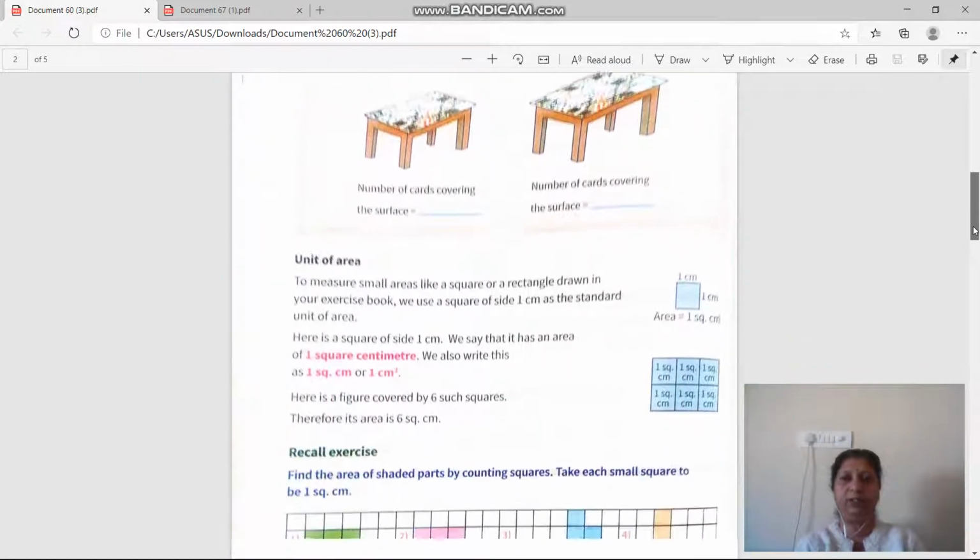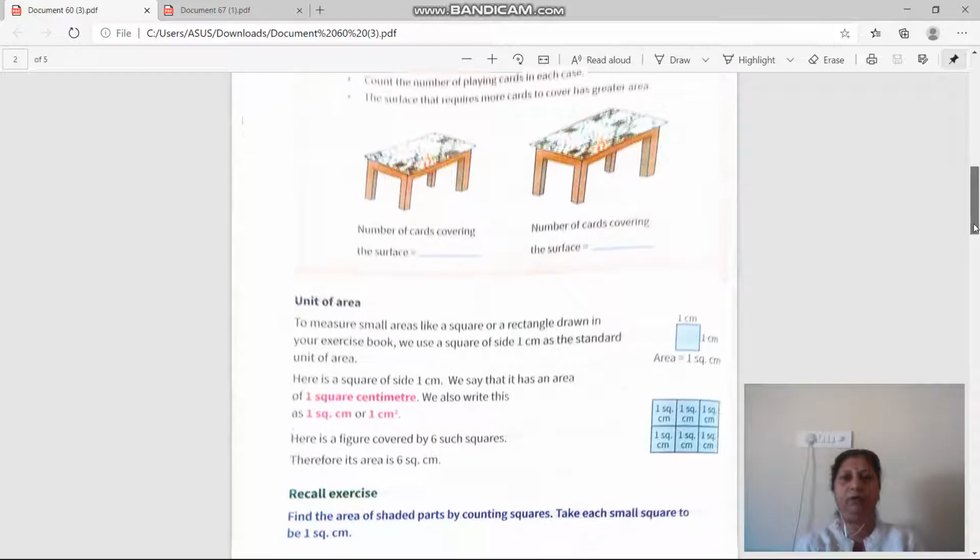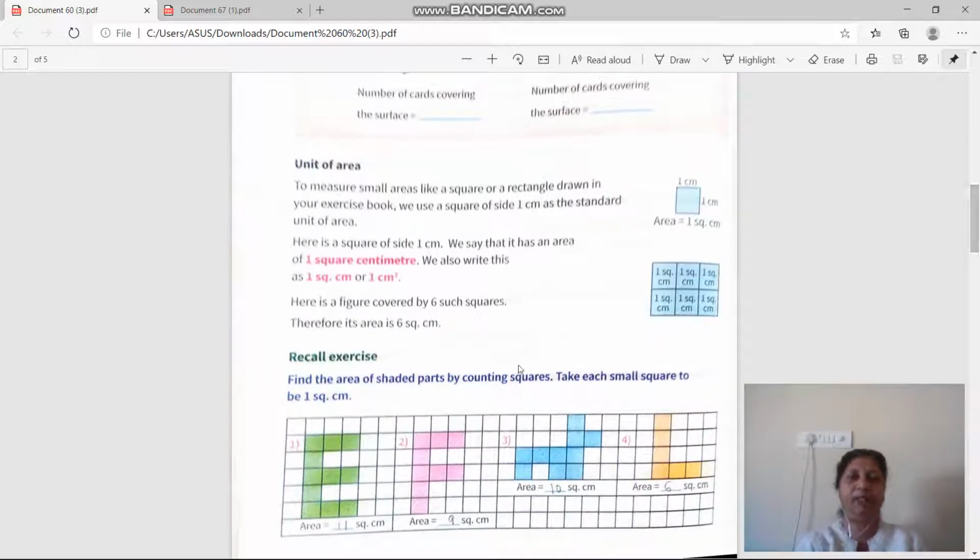So now we see the definition of unit area. Okay, so see here, if the given figure is a square and each side is 1 centimeter, then area of this square is equal to 1 square centimeter, right?